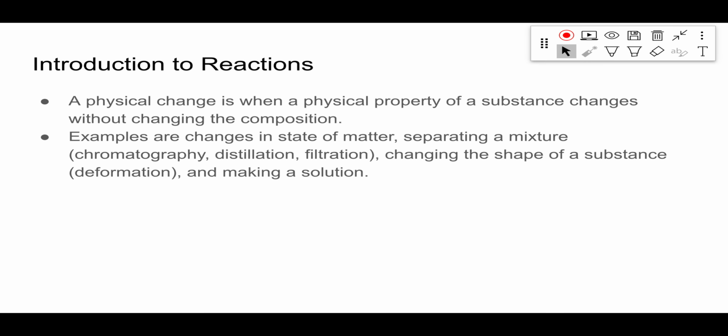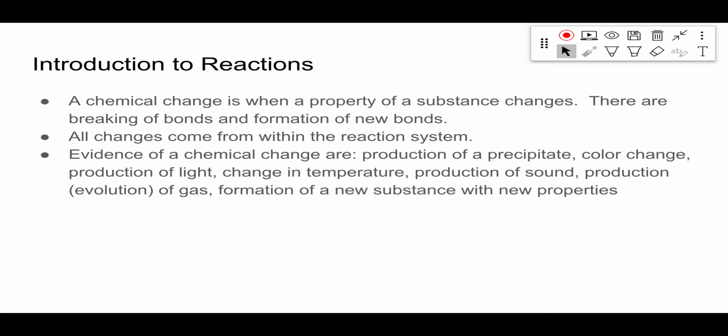And then last is making a solution, which is a homogeneous mixture. And we make a lot of solutions in chemistry. That's going to be where we take some sort of substance, dissolve it in another substance, and that homogeneous mixture is physically combined, and we can separate those substances out if we need to by physical means. So that's a physical change.